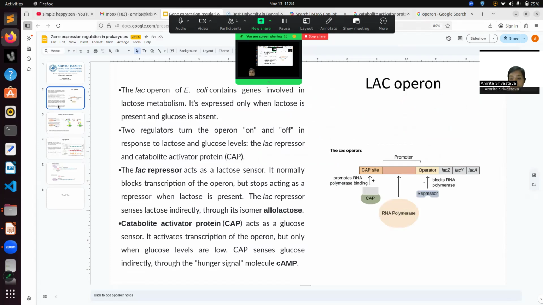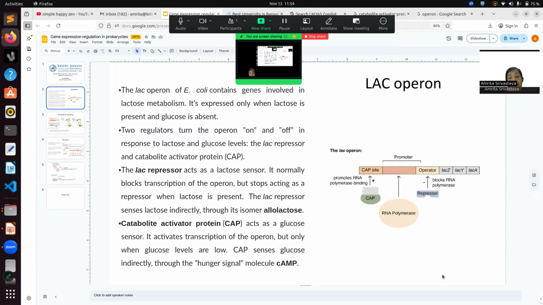The figure on the right side shows a set of genes that are clustered in one region, localized in the genome of a bacteria. This operon takes care of the metabolic needs of the cells when there is the presence of lactose rather than glucose in the environment.